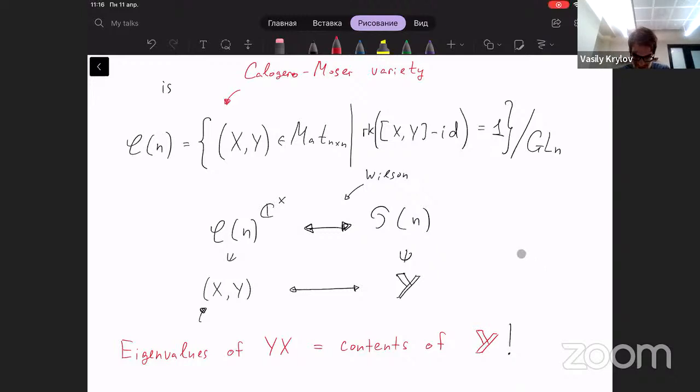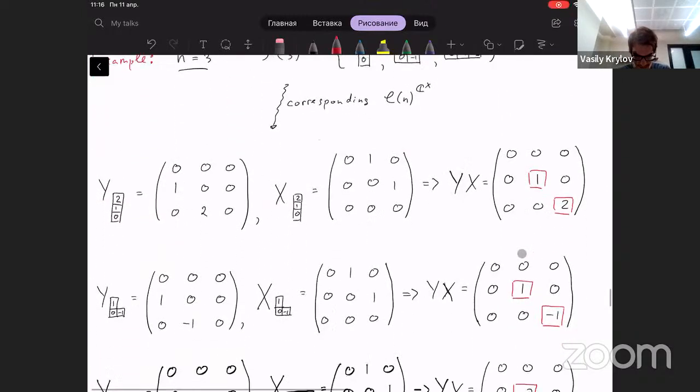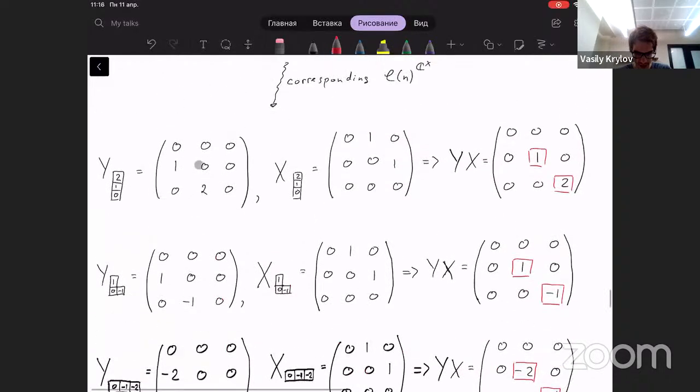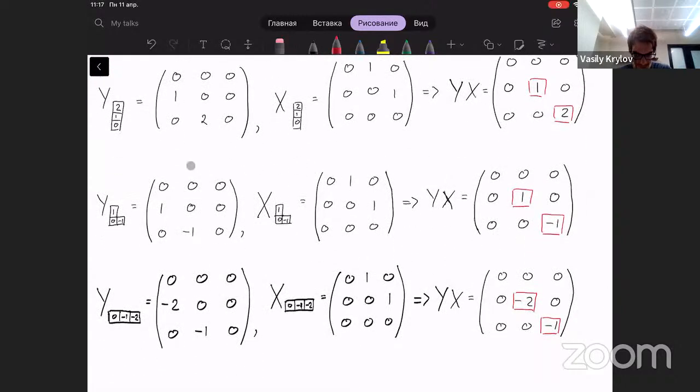And let me give an example here. So here is the example of n equal to 3. For n equal to 3, there are 3 partitions, and they have their contents written inside the boxes. And then the corresponding fixed points of the Calogero-Moser spaces can be described as follows.